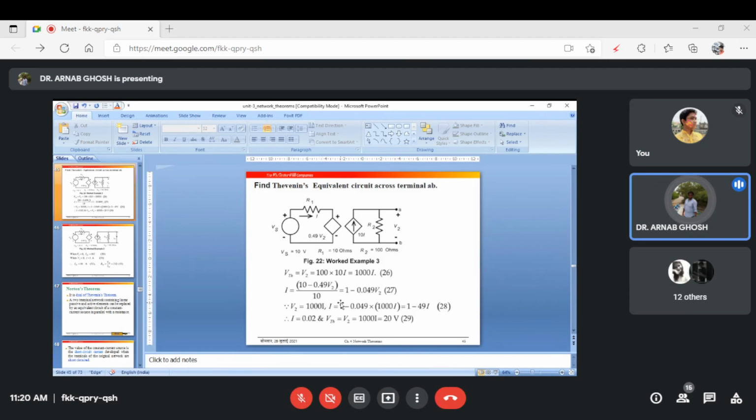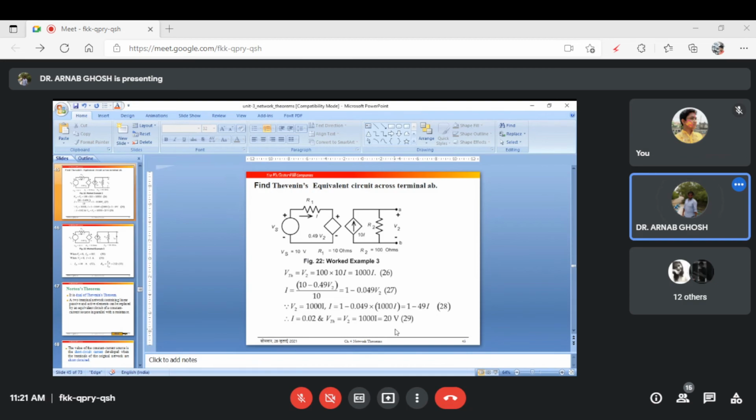So you are getting I as 1 minus 0.049 V2. So you are getting two equations, you see. One is V2 equals to 1000 I. Another is I is equal to 1 minus 0.049 V2. Okay. So from this you can calculate and you find that your I is coming out at 0.02 ampere and VTH or V2 is coming as 20 volt.